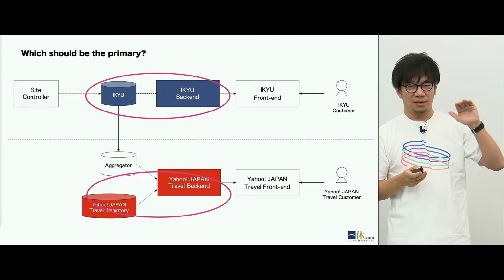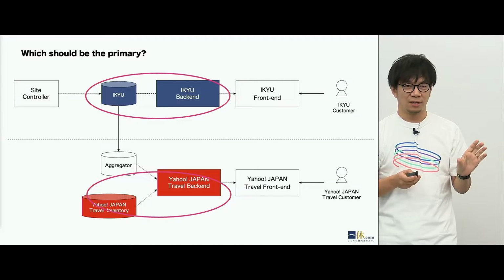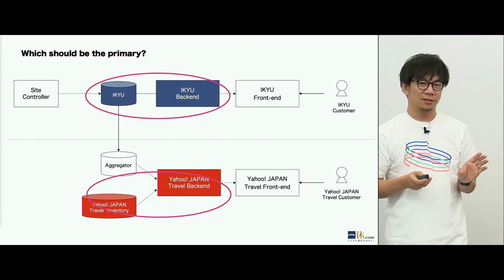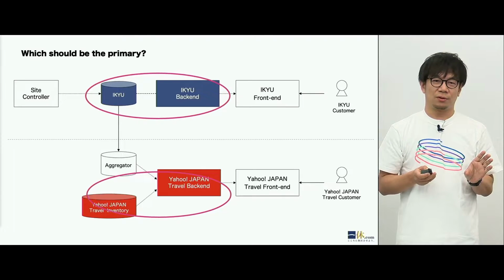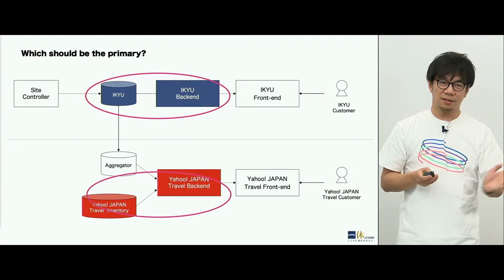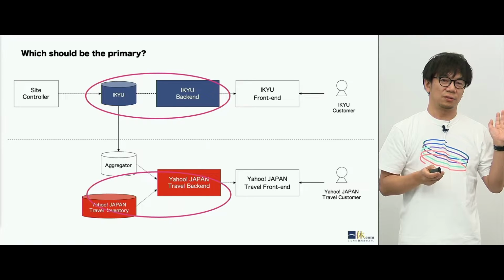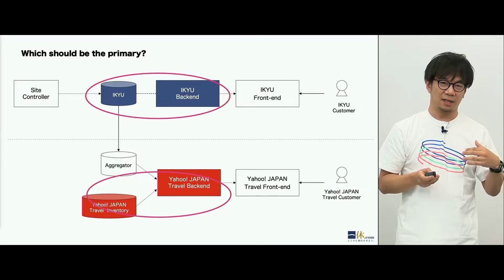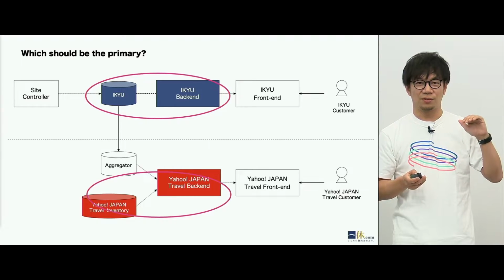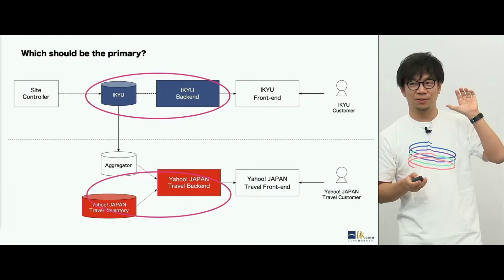And another discussion of those days is Yahoo Japan Travel had this database inventory system. And in those days, it was just after the launch. Yahoo Japan was a site for traveling, and they procured empty rooms, and they sold the hotels, and the system was just launched.